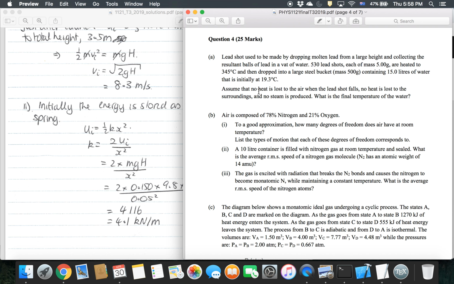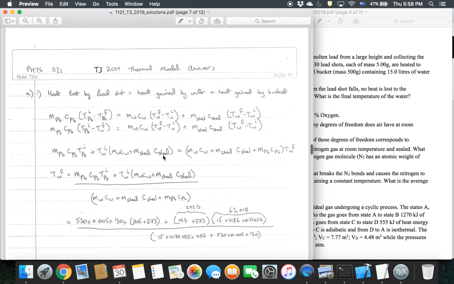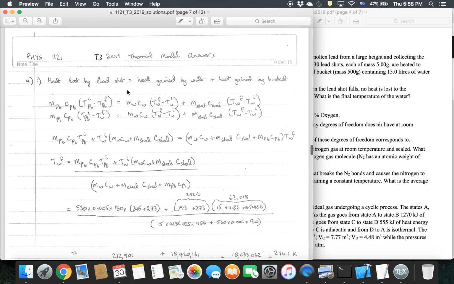Okay, so this is identical to one of the labs you did with melting ice. You're just going to write down the equation where you set up the heat lost by the lead equal to the heat gained by the water and the heat gained by the bucket. It's all pretty simple.